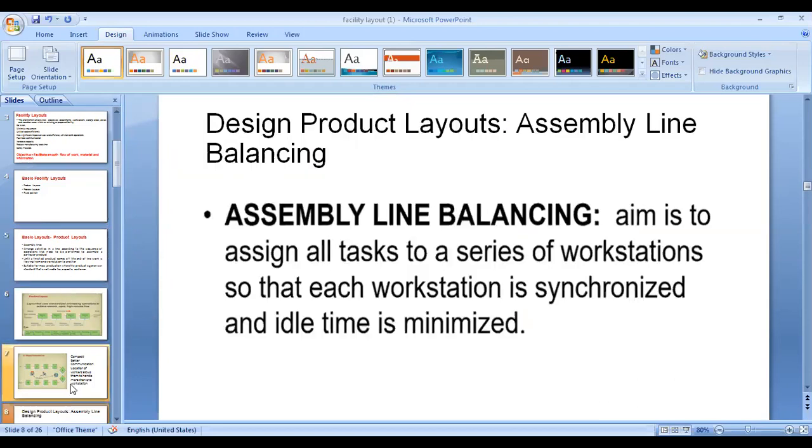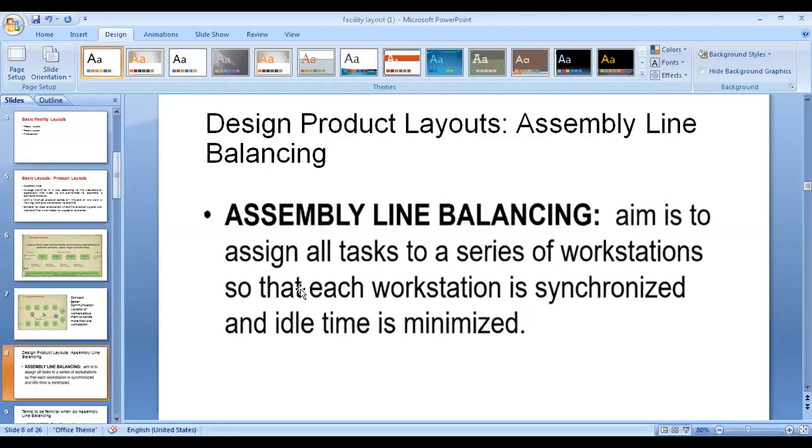Now, designing product layouts. When you are designing product layouts, there are certain techniques that you can make use of. Today we are going to discuss one such technique, called assembly line balancing.